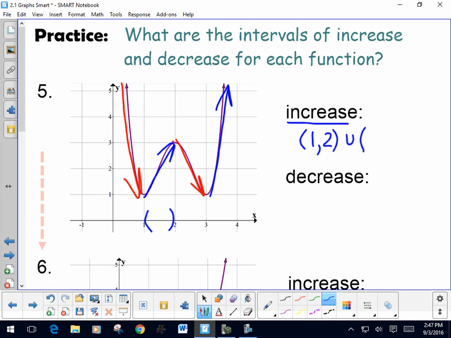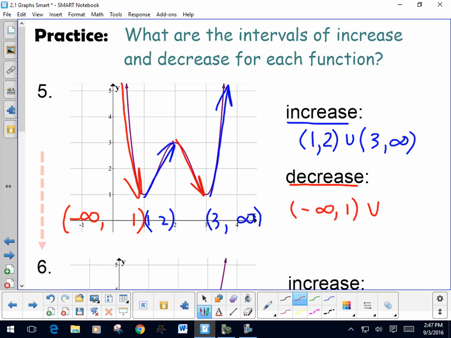And then it begins increasing again at 3 and continues to increase from then on. The interval of decrease, when the function is decreasing, well, at the beginning it's decreasing all the way up until it reaches an x value of 1, so from negative infinity to 1. And then it also decreases between 2 and 3.